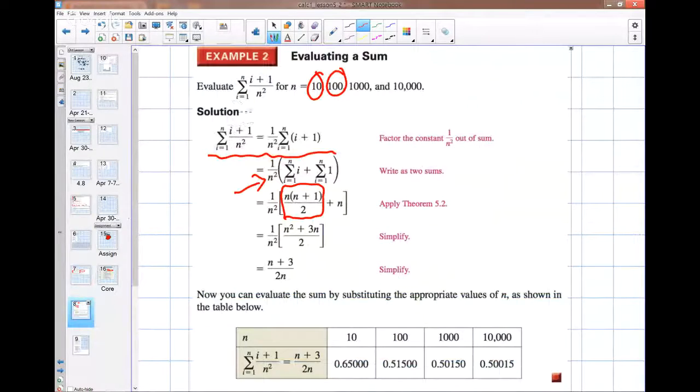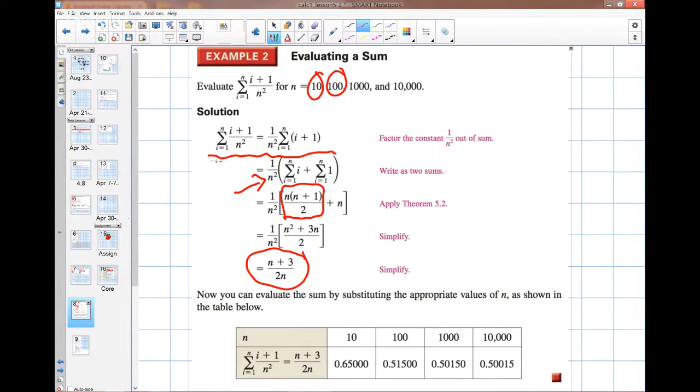And then what happens when you take the sum of 1 n times? Well, that's just n times 1, n. Anyway, then by doing a little bit of algebra, you can actually simplify this thing down to this expression, n plus 3 over 2n. Well, now it's simple.